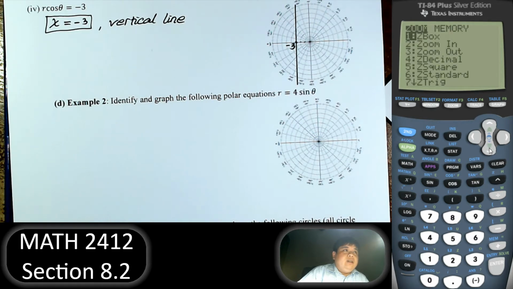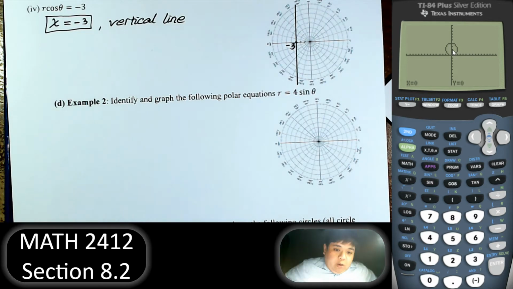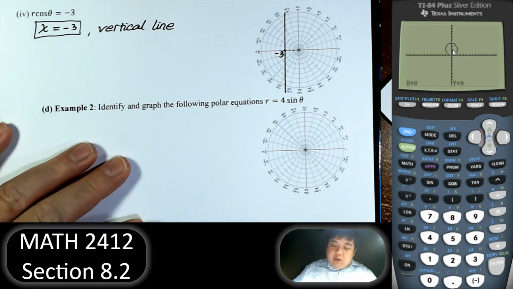Zoom in. I have to zoom out again. Right. So it is a circle, right? Radius at 0 and 2. Right. So we know that it is going to be a circle.